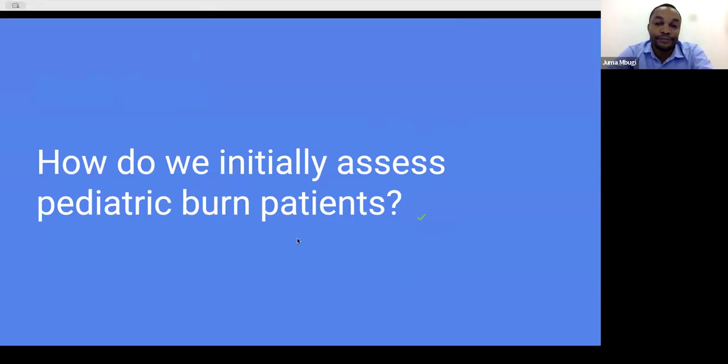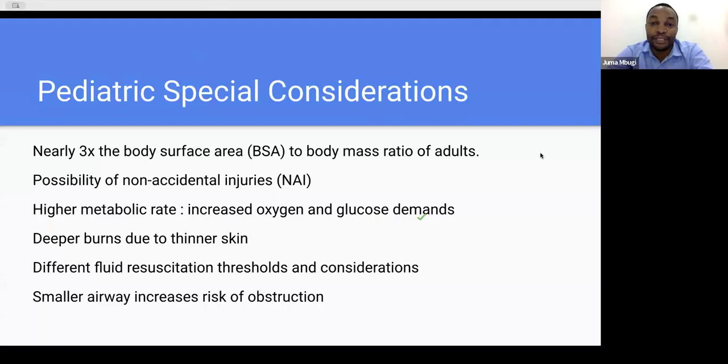So, the initial steps to take when assessing pediatric burn patients are almost the same as for any other child that has sustained any trauma. The steps are almost the same. You have to take the approach as with any other child.